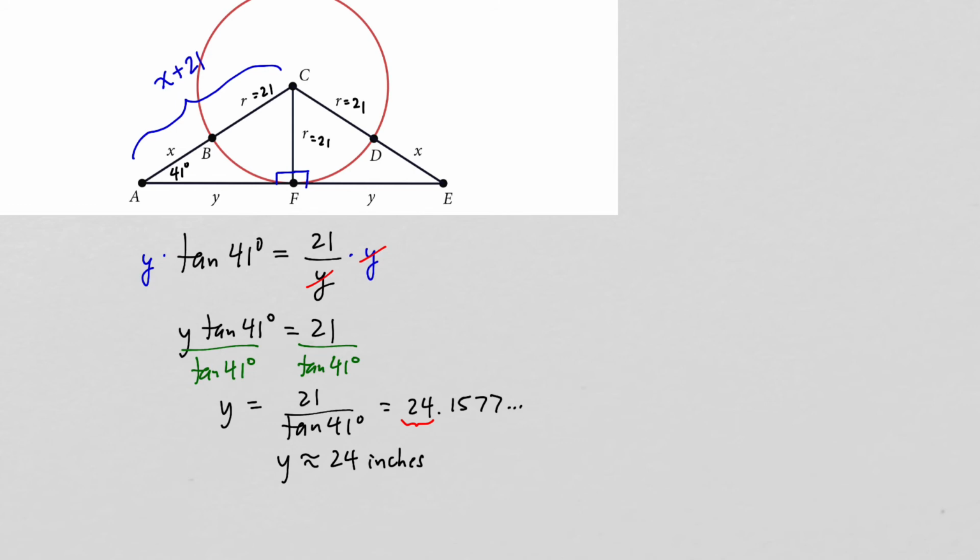Now, this side we know is 21, and we know this angle is 41. So we have an opposite side here, and we have a hypotenuse here, and that relationship is the sine. So we know that sine of 41 degrees is the opposite side, which is 21, divided by the hypotenuse, which is x plus 21.